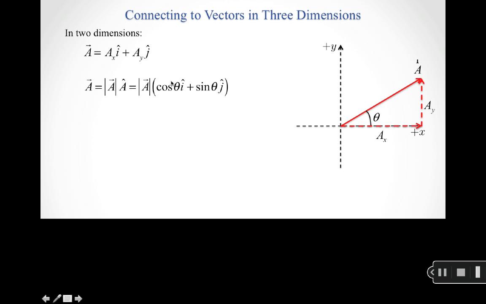So you can see that what we're doing is setting up the idea that if I want to think about the vector A in terms of magnitude times a unit vector, well, there's the magnitude of A, and here is the unit vector. Again, I can always check, because I know a unit vector has to have a magnitude of 1. If I take x component squared plus y component squared, that's cosine theta squared plus sine theta squared. Sure enough, that equals 1. So this does have the right length to be a unit vector, and it lies in the direction of vector A.